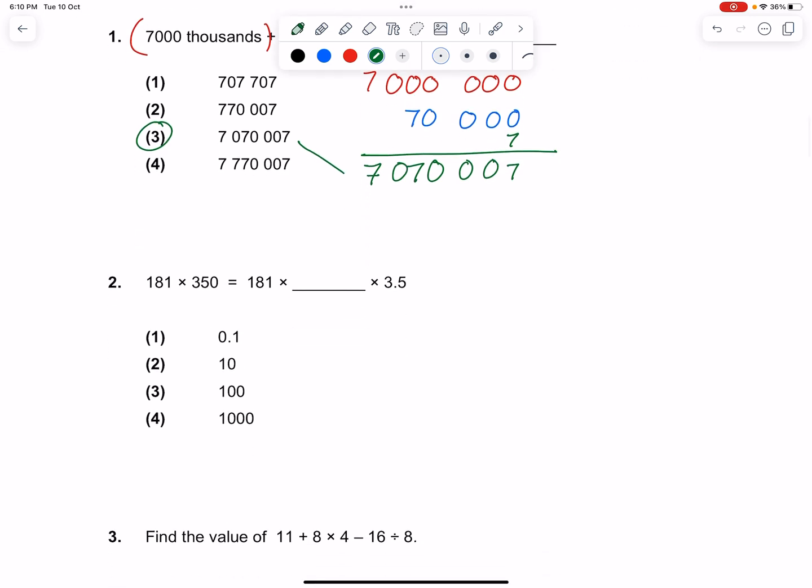Next question, they would like you to figure out what this blank here is. To do this, we need to recognize what times 3.5 will give you 350. You need to recognize that 100 times 3.5 equals 350. How do we know that?